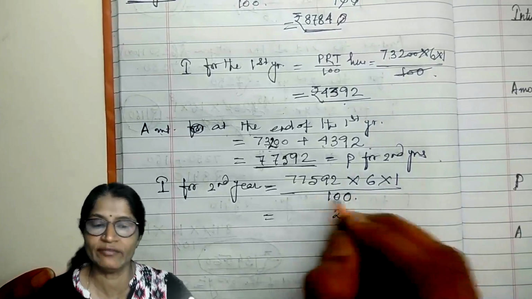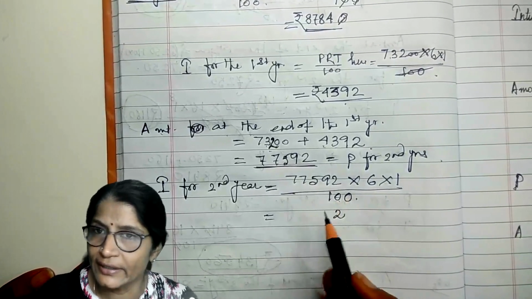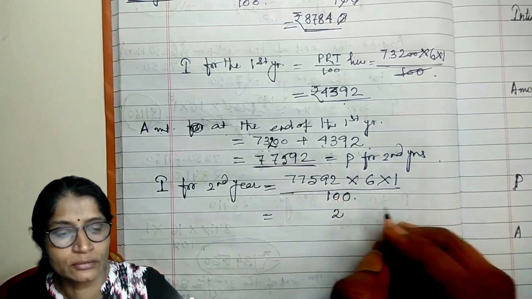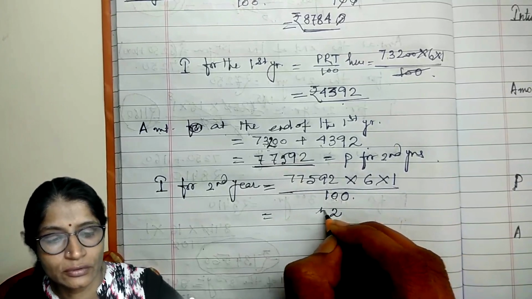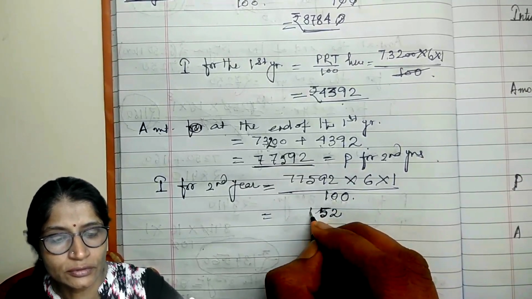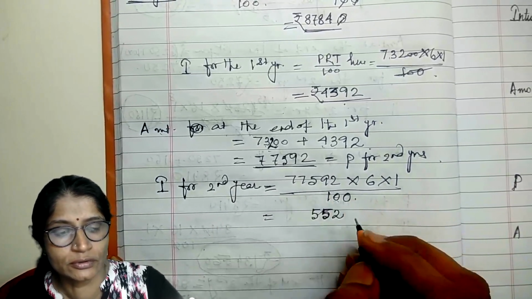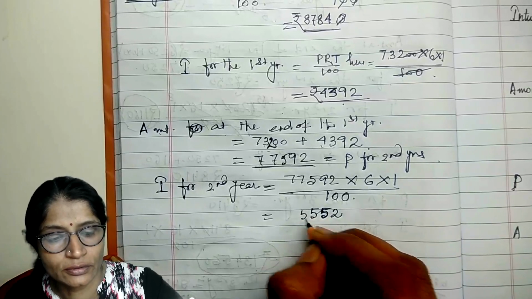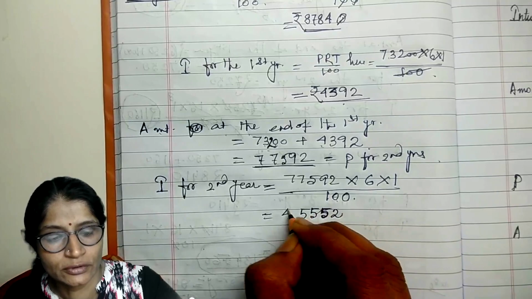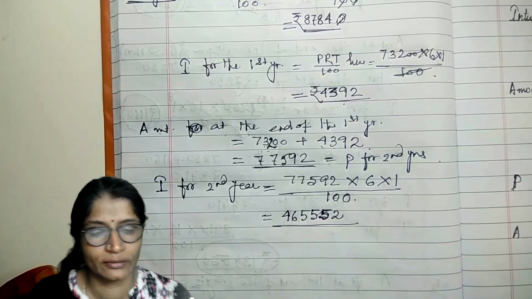Since it is 100, I will not cancel it, so that I will get directly the decimal after the two digits. After this, the decimal will be there.